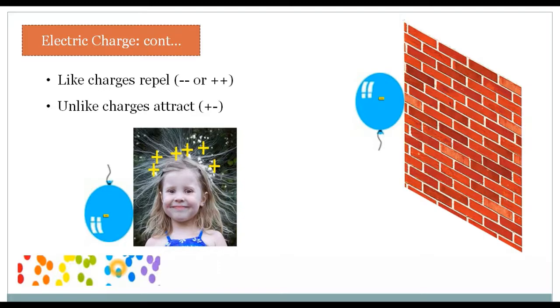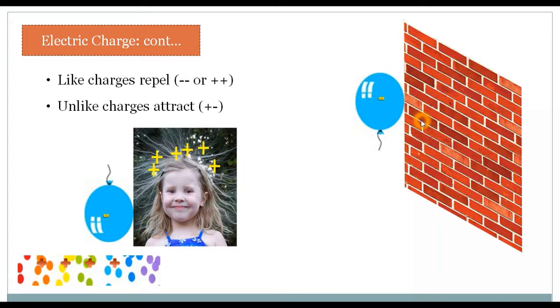Now, since the balloon has negative charge, all the positive charge in the bits of paper tends to come on this upper side. And the negative charge will come on the bottom side. So on the upper side we are left with only positive charge, and as a result they tend to get attracted to the negative charge, that is the balloon. In a very similar way, in case of the wall, what happens?